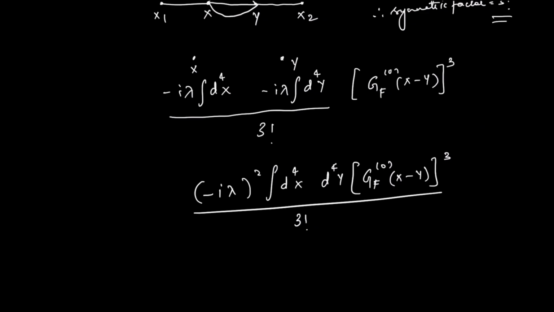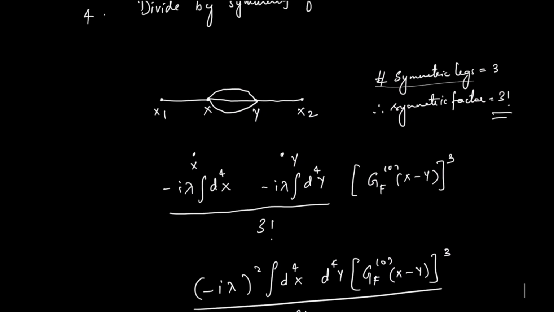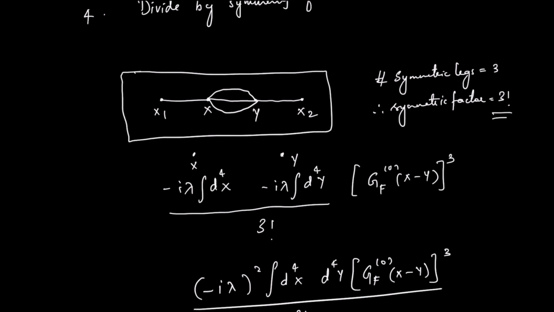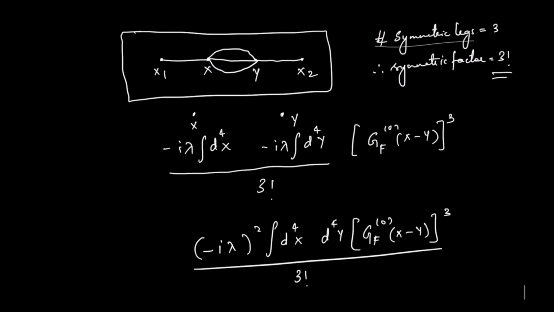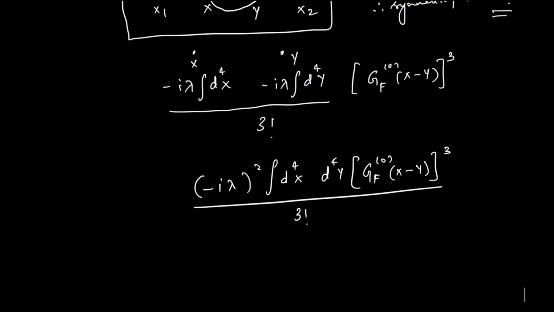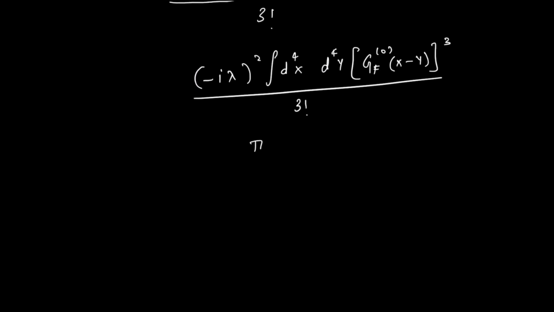This is the analytical expression corresponding to this Feynman diagram. So these are the Feynman rules in coordinate space. We can also have them in momentum space.